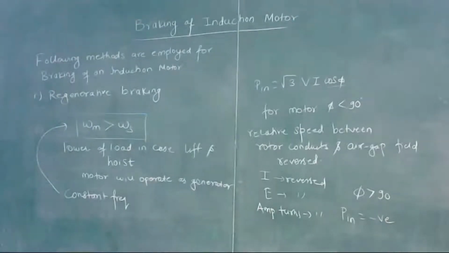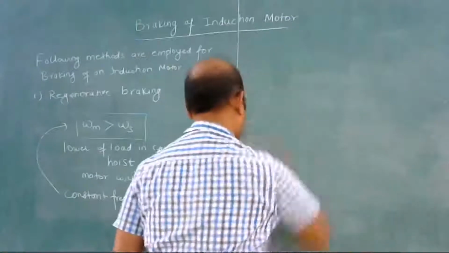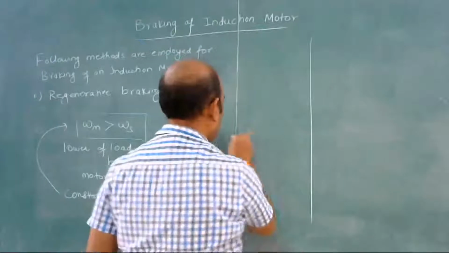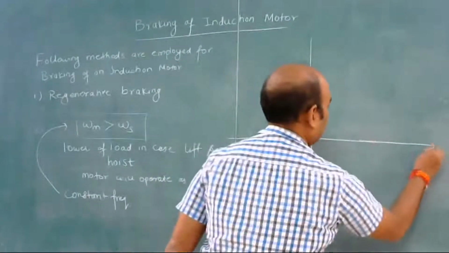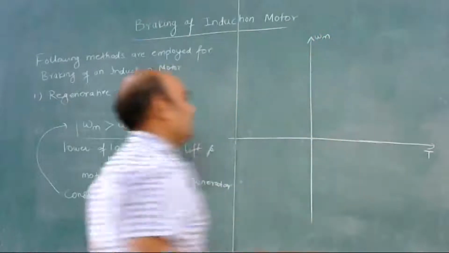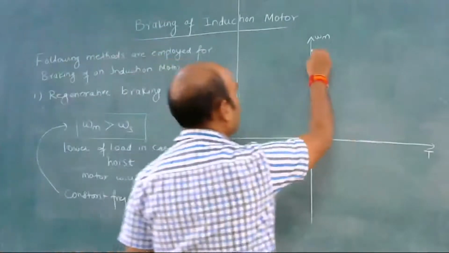Now we will see the torque speed characteristics. On the x-axis is torque, and on the y-axis it is speed.